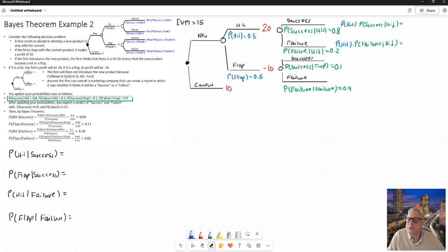So that is probability flop times the probability of success given flop. And lastly, you approached with the probability of 0.5 flop.